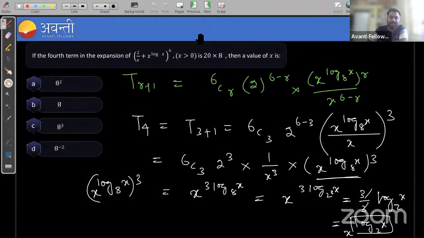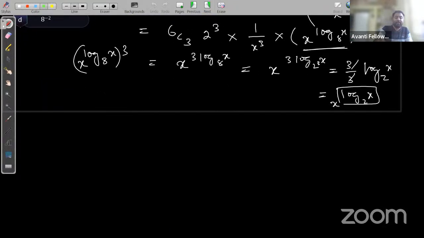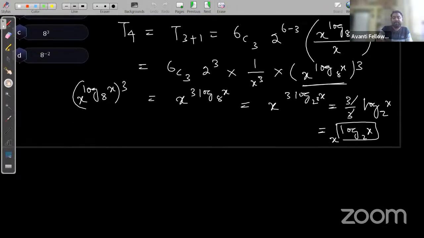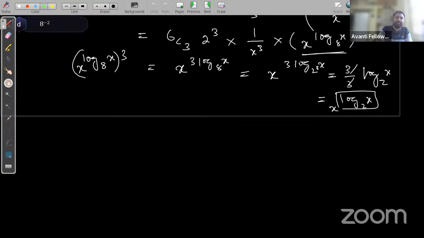See, I think you have some questions here. So see here, what we did is simplify this term, x to the power log of x to the base 8 to the power 3. Instead of taking this, we can take only the power.